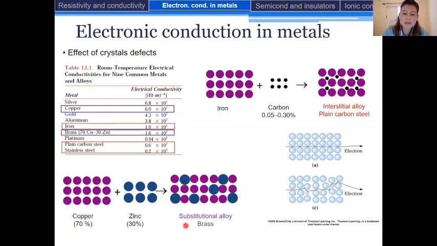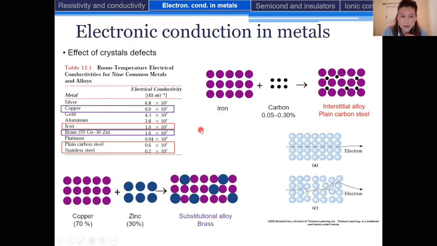And as you can see, in that case, when you have impurities that are introduced in copper, you have a decrease of the electrical conductivity, because as it is represented in a very schematic way in this figure on the right of the slide, instead of having a quite linear movement of the electron in the material, it increases the number of scattering events during its motion, and so it decreases the electrical conductivity.